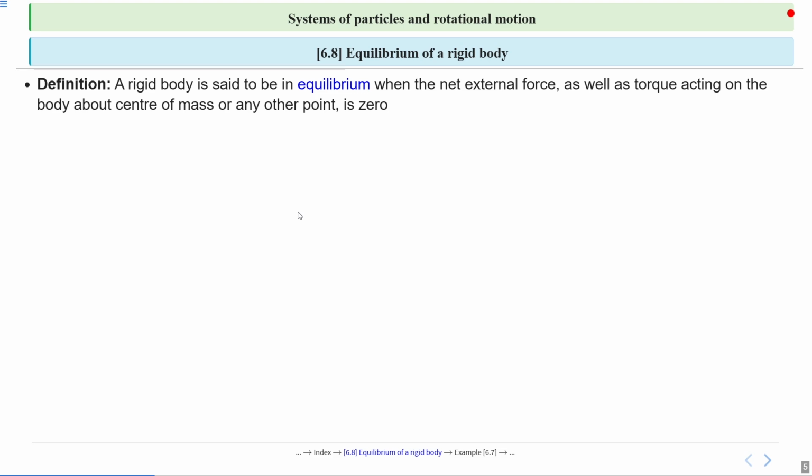So a rigid body is said to be in equilibrium when it is at rest or moving with constant velocity. No linear acceleration.